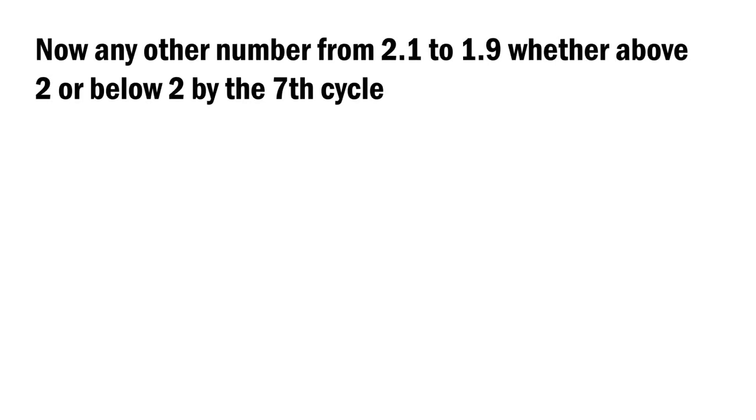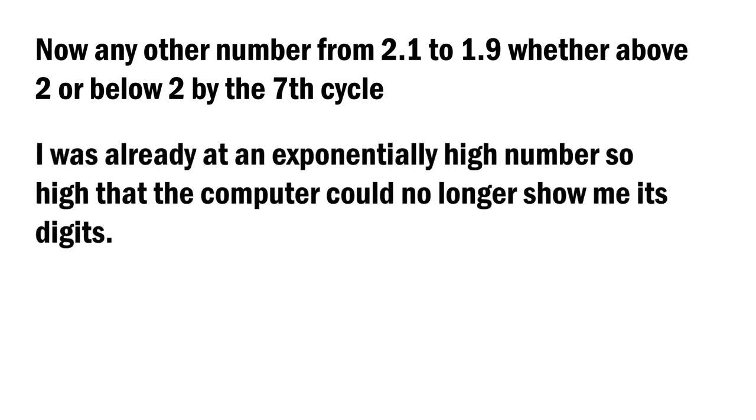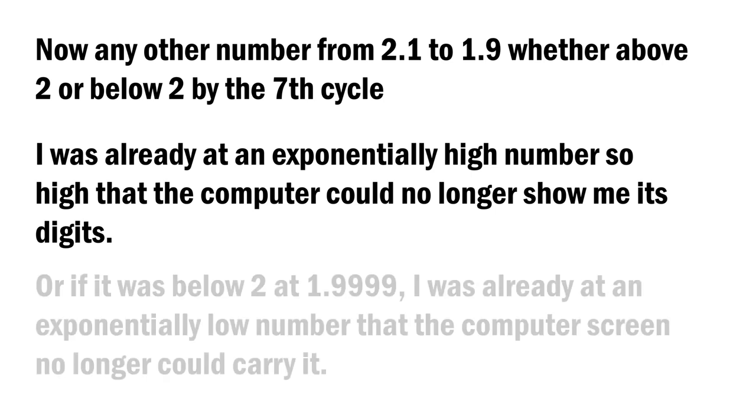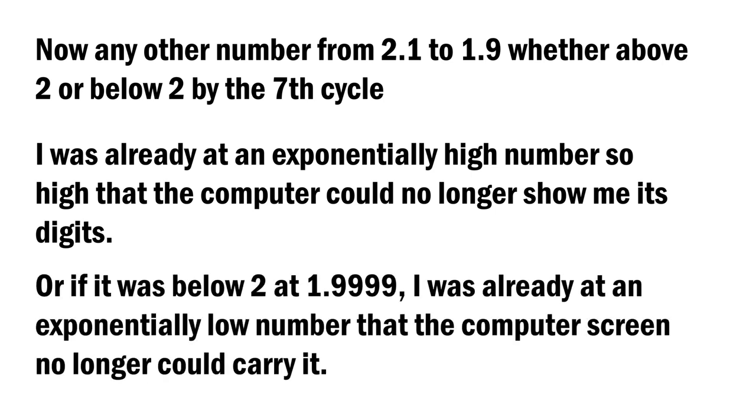Now, any other number from 2.1 to 1.9, whether above 2 or below 2, by the 7th cycle, I was already at an exponentially high number, so high that the computer could no longer show me its digits. Or if it was below 2 at 1.9999, I was already at an exponentially low number that the computer screen no longer could carry it.